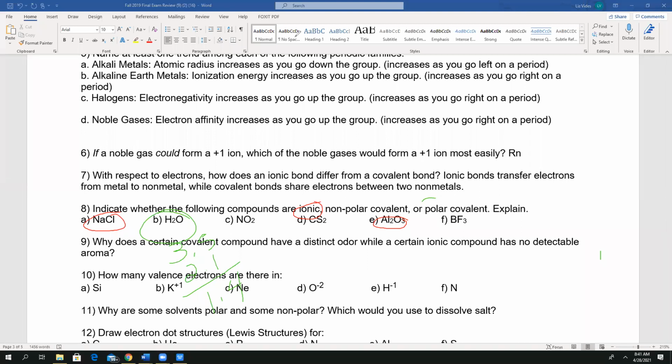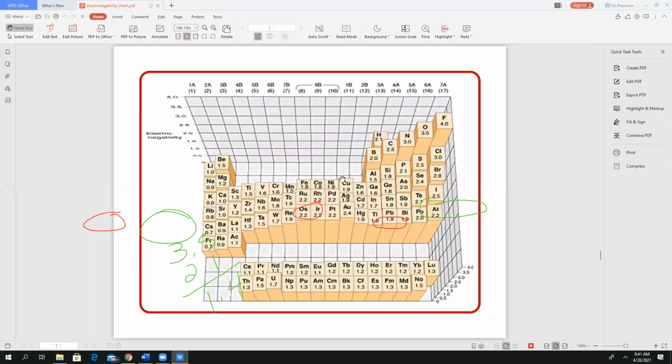All right, the next one we have is nitrogen and oxygen. So we know oxygen is 3.5. What is nitrogen? Well, let's go check, right? We'll go check on our next one. Oh, we need a mouse. Okay. Nitrogen is 3. You see that? Okay.